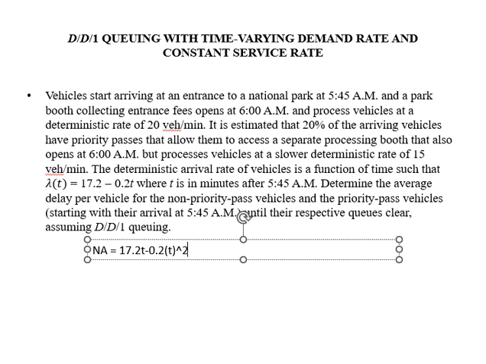Instead of over 2, we can make it 0.1 t squared. This equation gives you how many vehicles arrive.